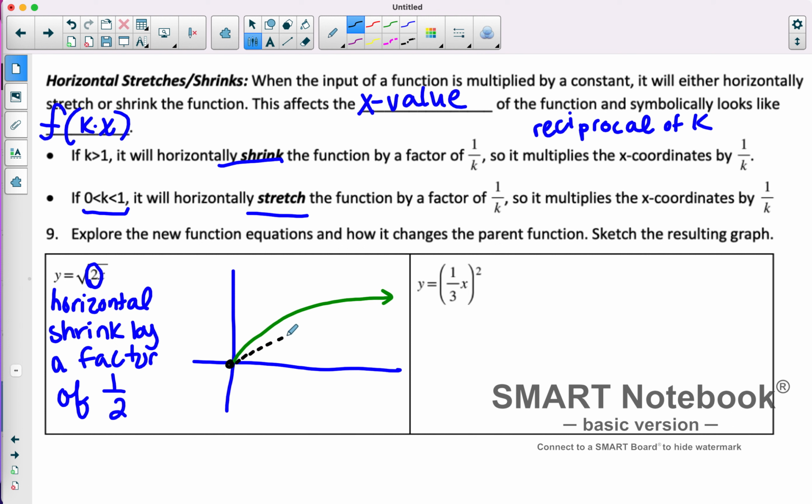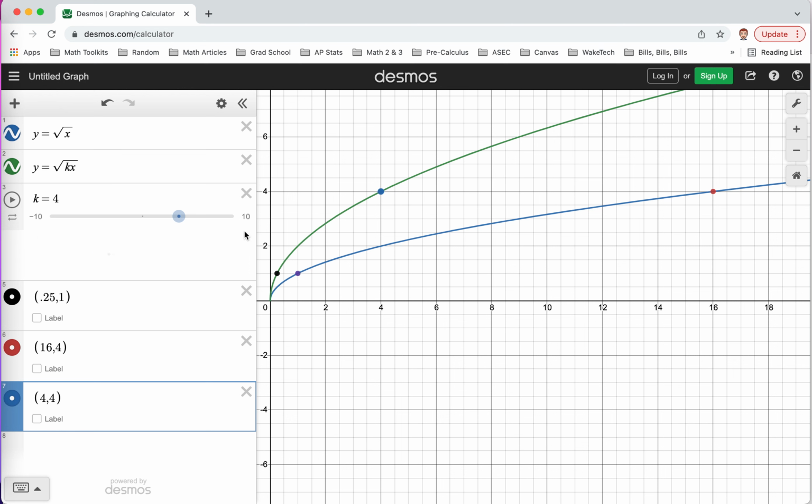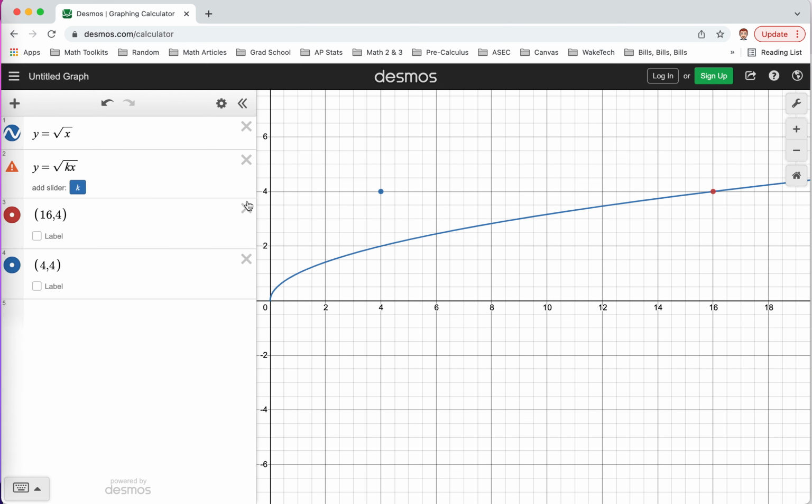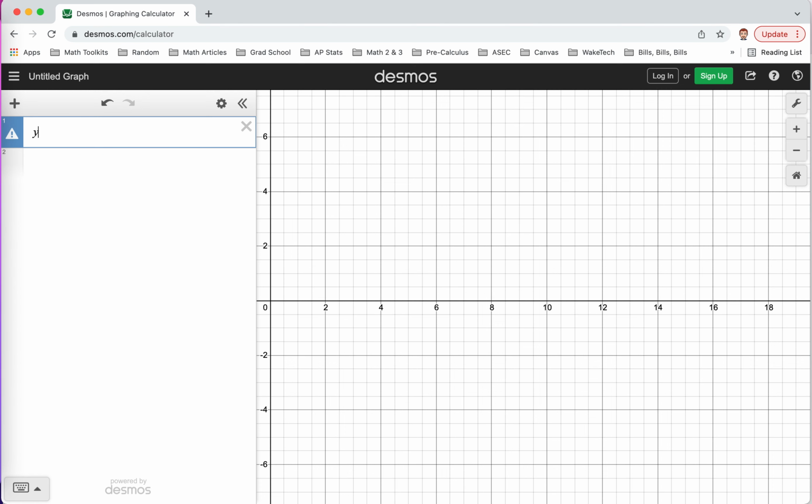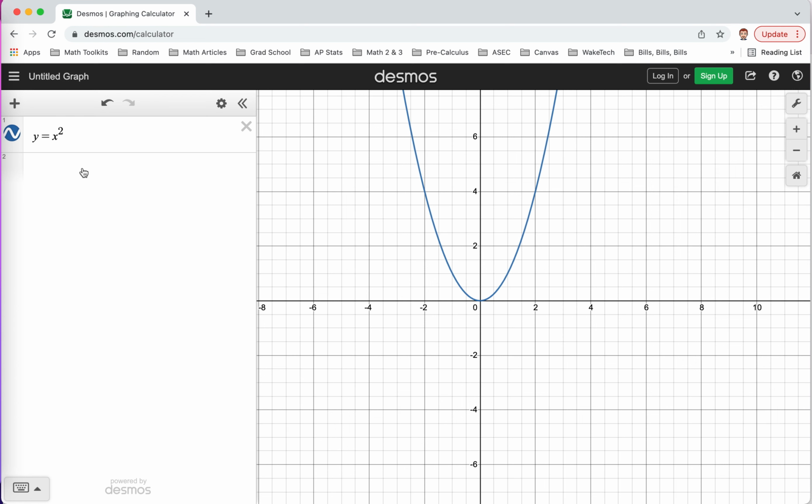So maybe I put in, that was our parent function. This is the transformed function, 1/3 x squared. I'm going to take that function x squared, bring it back here.